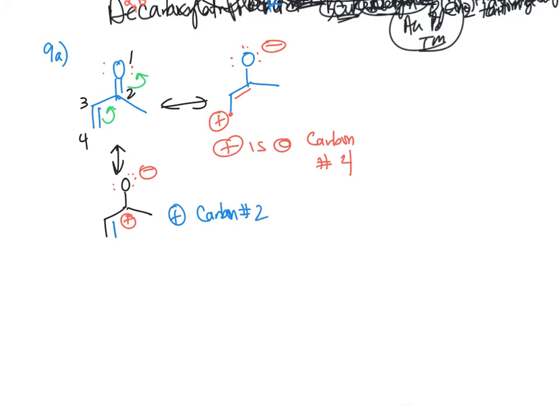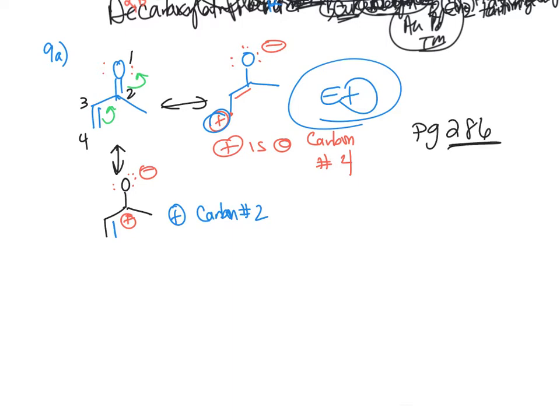The alpha beta unsaturated ketone acts as, see the positive? So it acts as an electrophile. Now we're on page 286, question number 10A. The choice of the nucleophile determines whether the 1,4 addition or the 1,2 addition occurs.